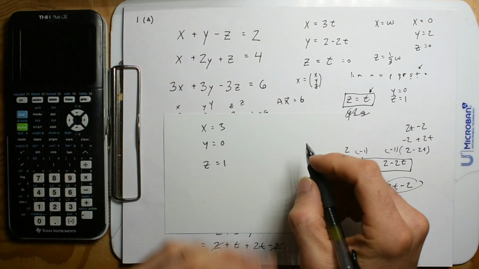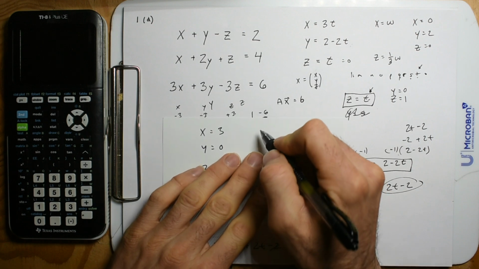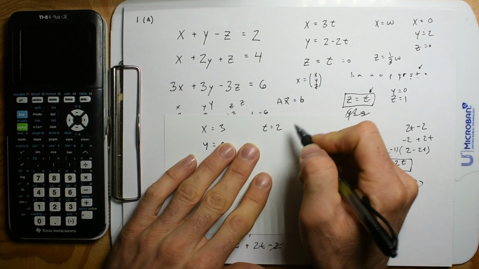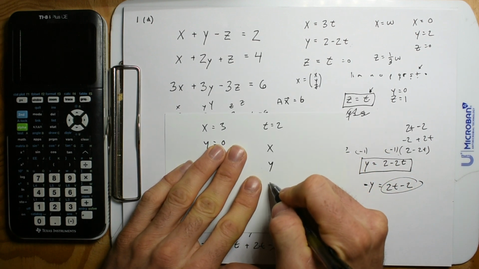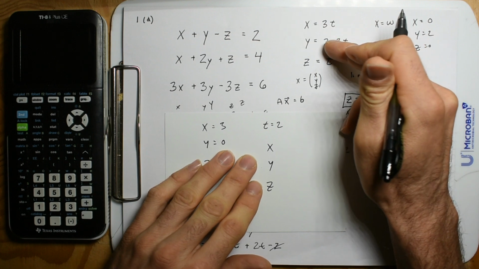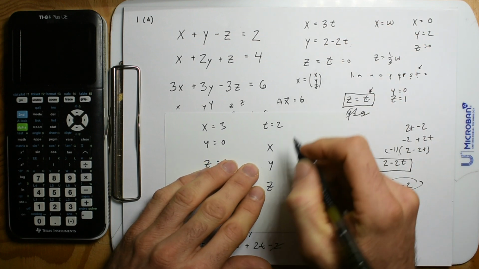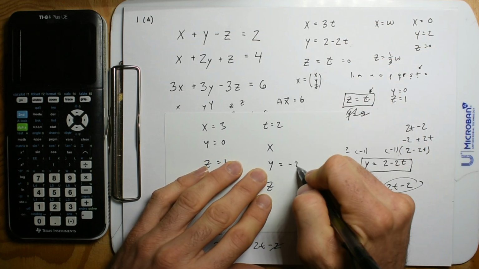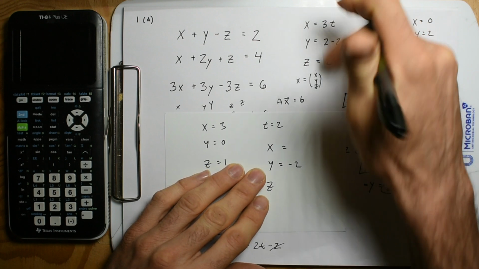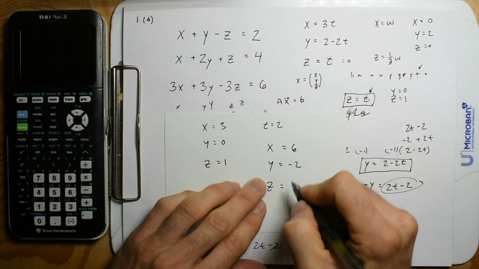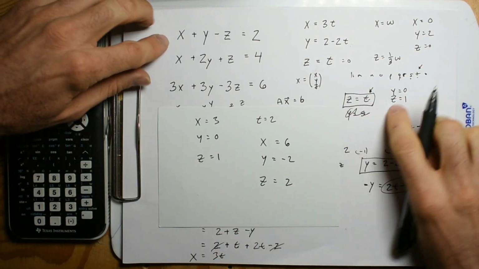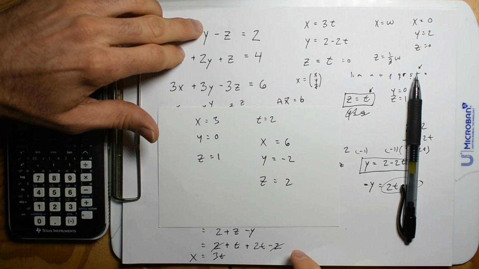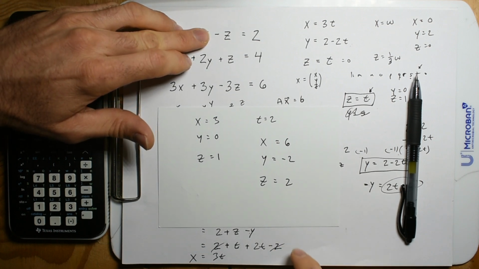Cool, let's just do one more. Let's choose t is equal to 2. So we have x, y, z. This is going to be 2 minus 4. So that one is going to be negative 2. 2 times 3 is 6. And then we have a value of 2. So now we're going to have 6 minus 2. That's going to be 4.